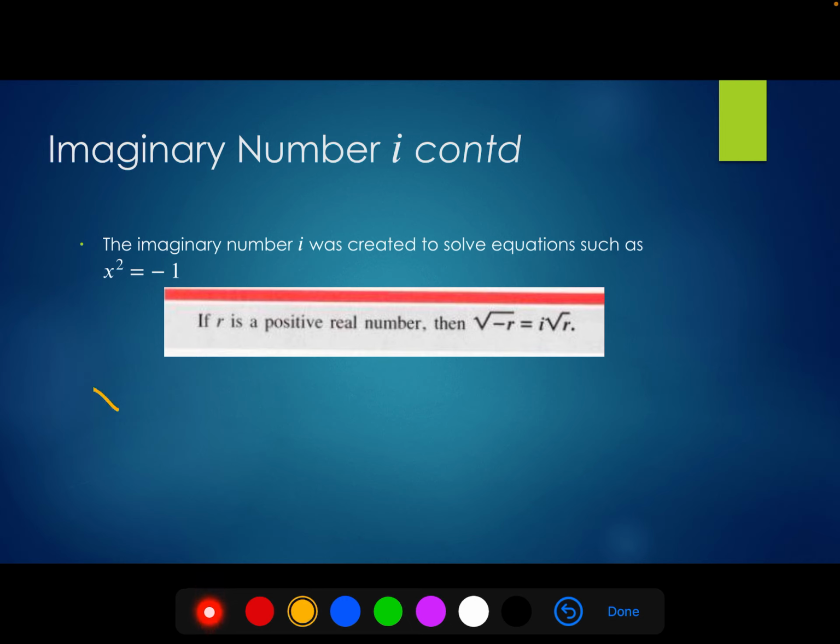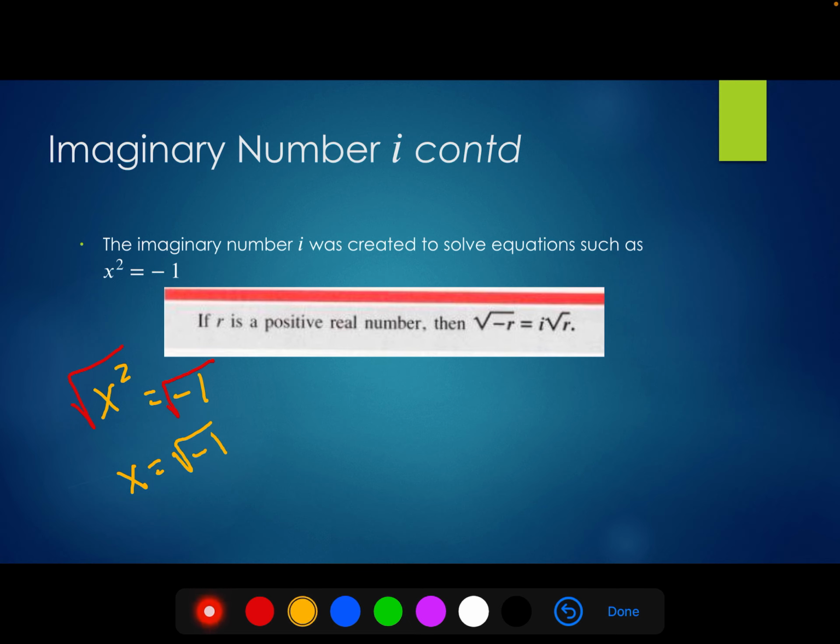So here we have x squared is equal to -1. If I were to solve this equation for x, we would have to take the square root of both sides, and we would end up with x is equal to the square root of -1. So here, this number 1, that's our r. So -1 is -r, like we have up here.